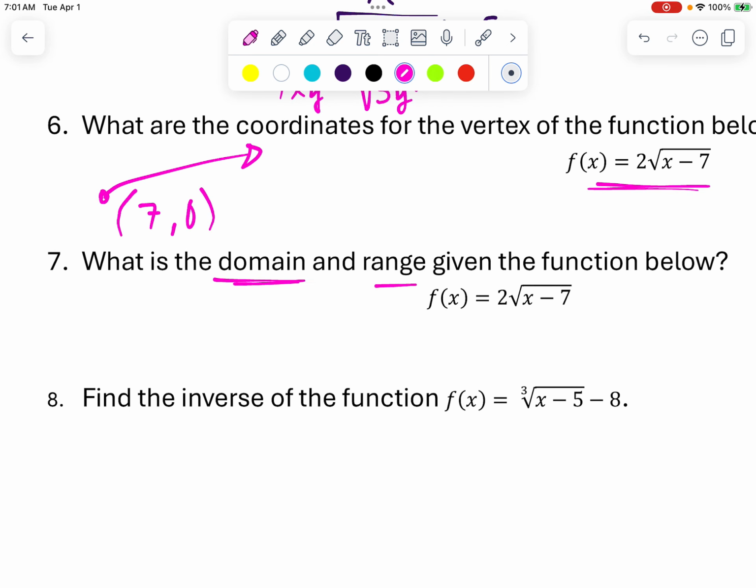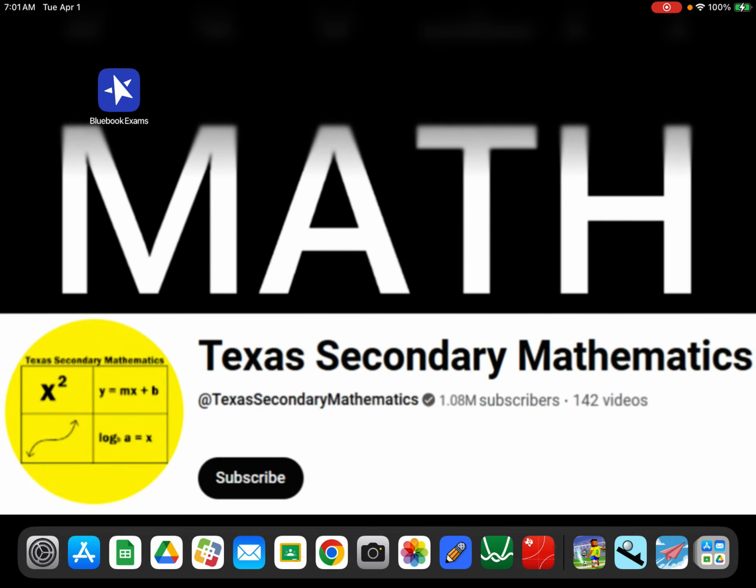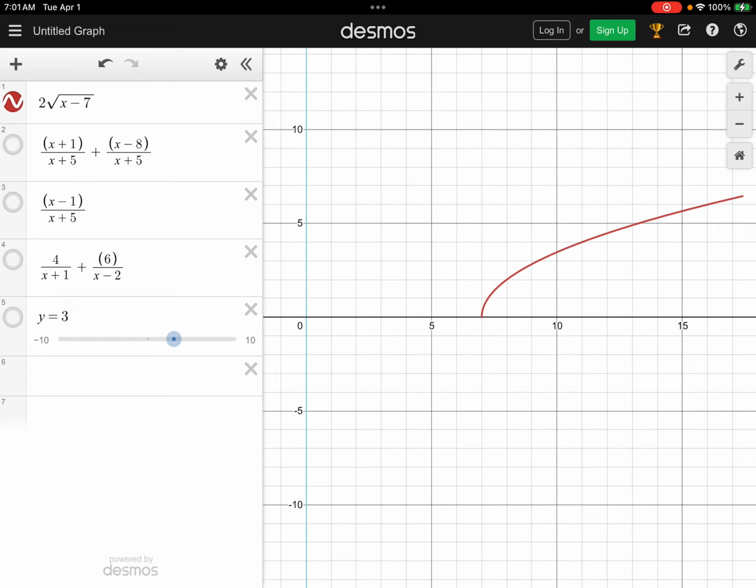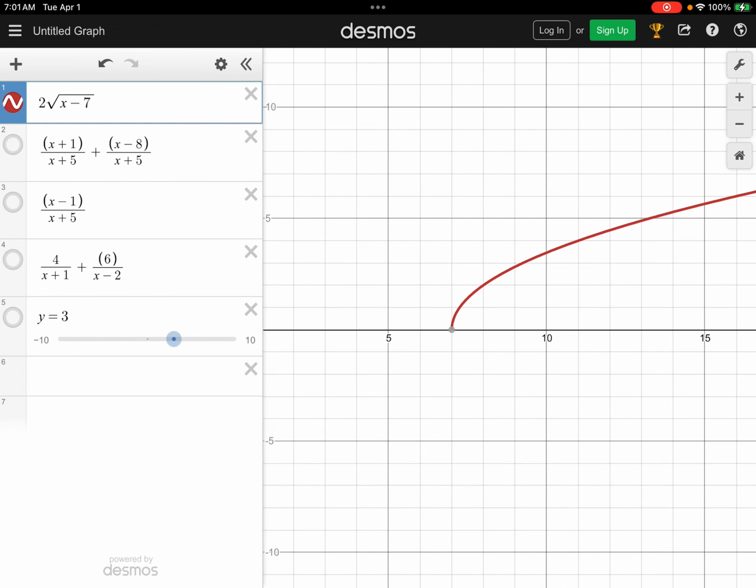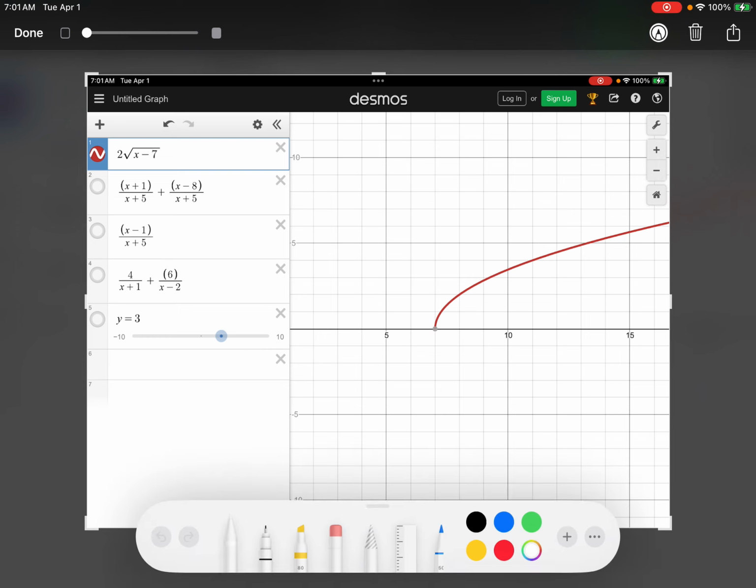All right, let's talk about domain and range. So domain is going to be how far to the left and right the graph travels. This is our domain. And our range is going to be how far up and down the graph travels. And so let's take a look at what we have here. Let's take a screenshot of that and mark up on this here.